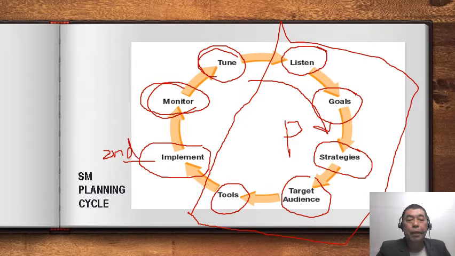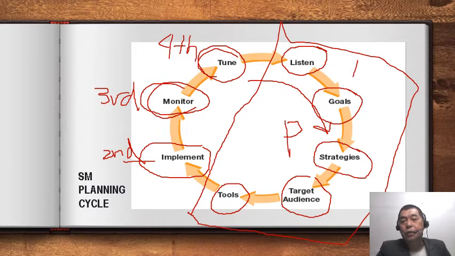You implement the plan. This one is on the third stage. You evaluate and monitor the plan based on the implementation impact. And the fourth is the continuous development stage. So this is the first stage, and this is all about planning.